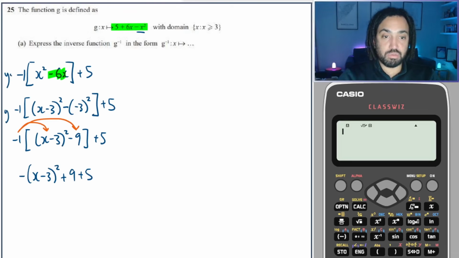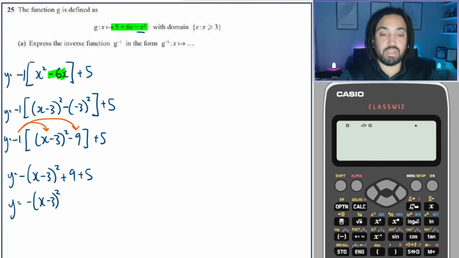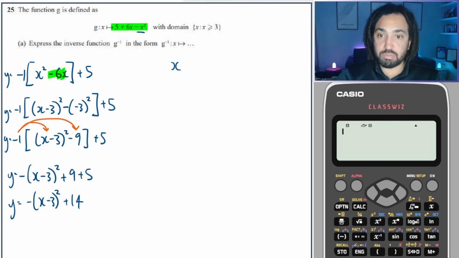And this is all y equals. So we get y equals minus x minus 3 squared plus 14. Okay, now it's time for the swapperoo. So I'm going to replace the x with the y's and vice versa.